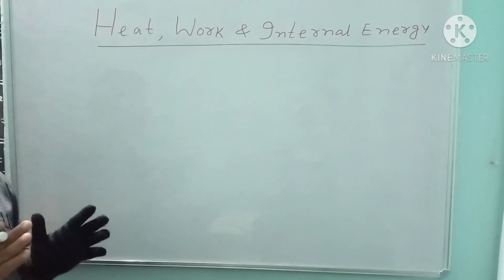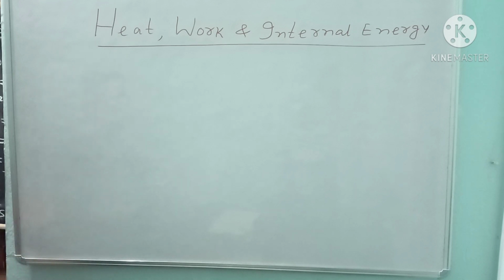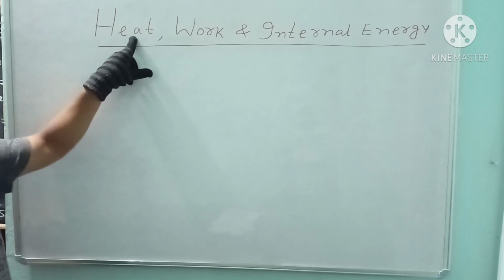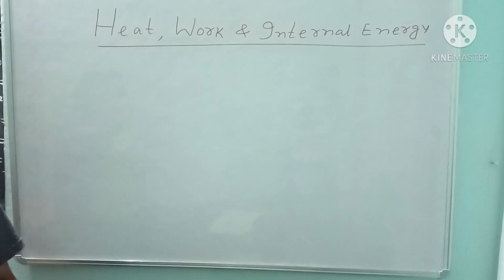So, this was the earlier video. Today, we will focus on some terms like heat, work, and internal energy. Students, if you analyze these three things, heat, work and internal energy, actually they have the same unit.